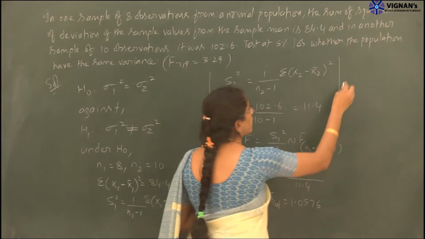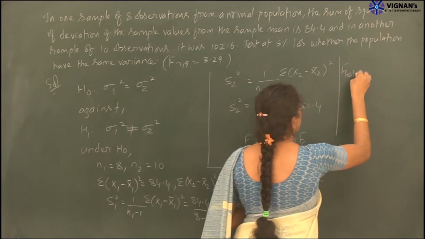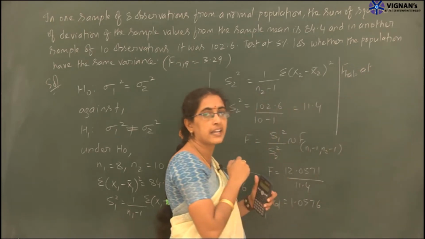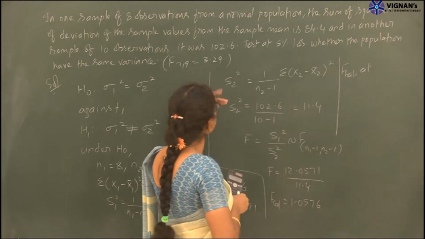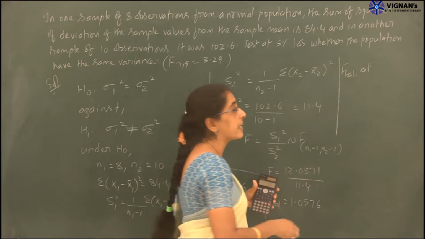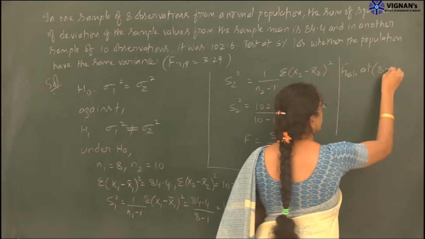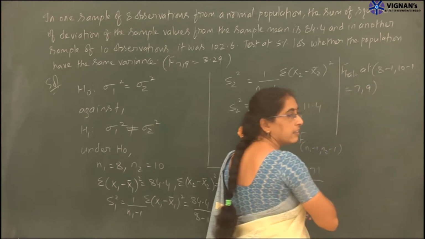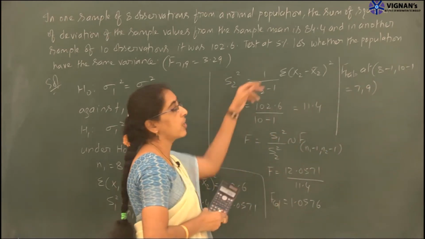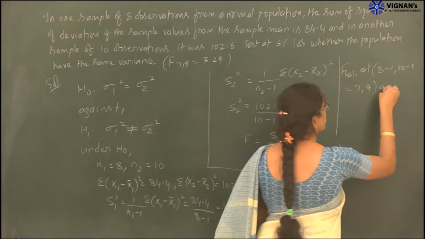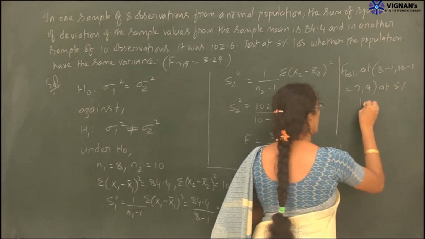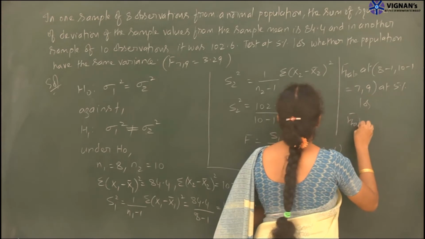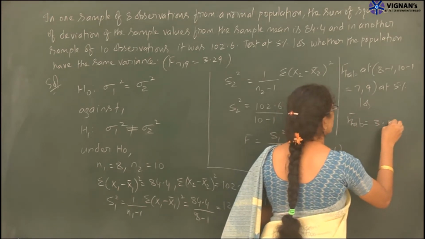Now the tabulated value of F at n1 minus 1, n2 minus 1, meaning 8 minus 1, 10 minus 1, which is 7, 9, at 5% level of significance, is given as 3.29.